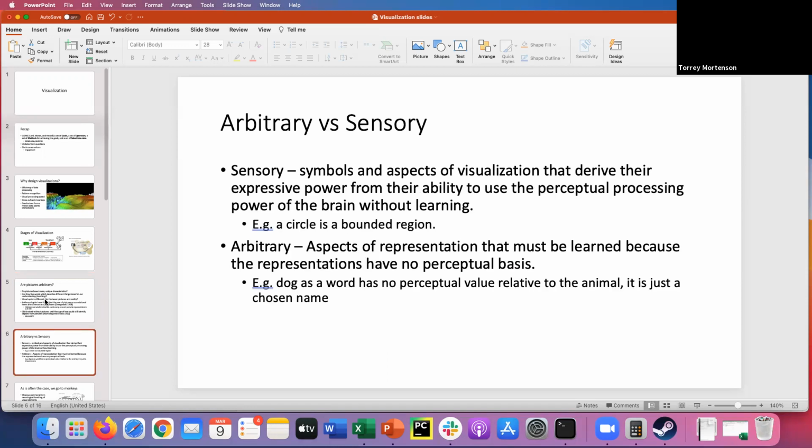So this is the way we're going to use these terms. If a visual item or element is sensory, that means it possesses something that the brain can handle without learning. An example is a circle as a bounded region. When you see a circle, you fundamentally understand there's an in and an out.